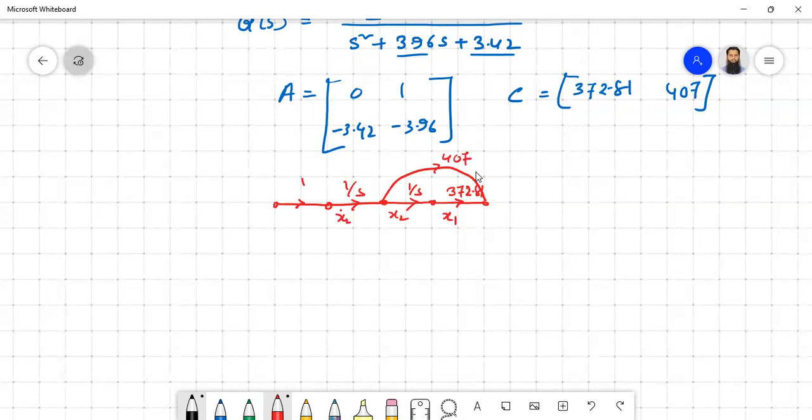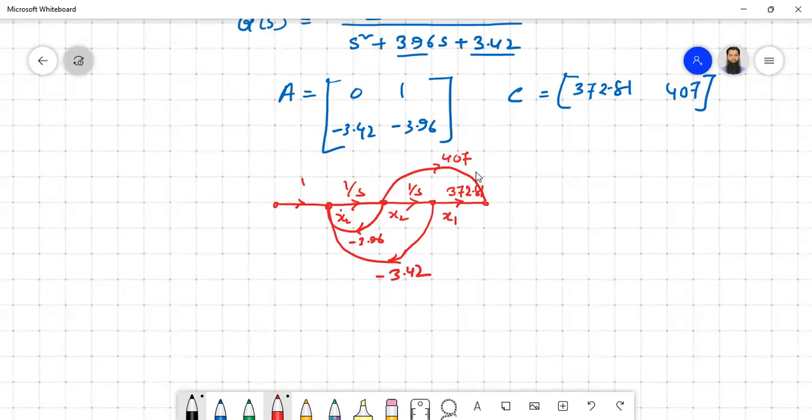And what about the feedbacks? Both of them are going to x2 dot. So minus 3.96, and also this one from x1, so basically it will be minus 3.42.